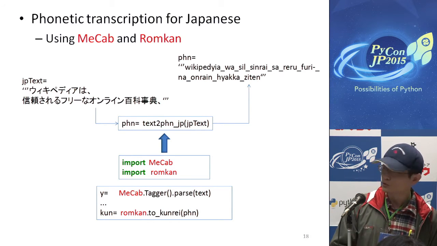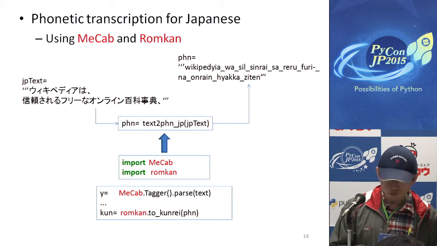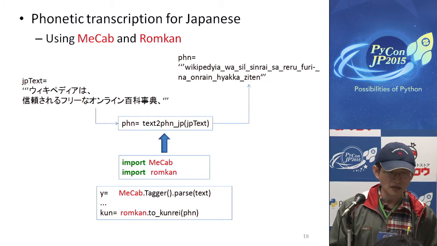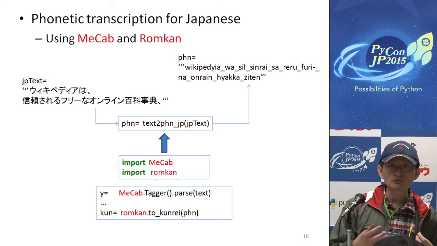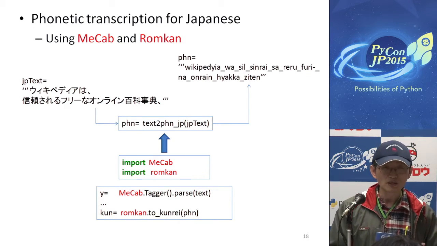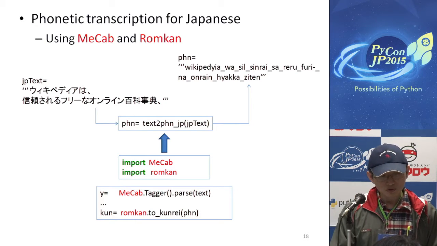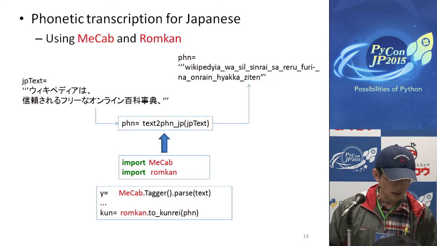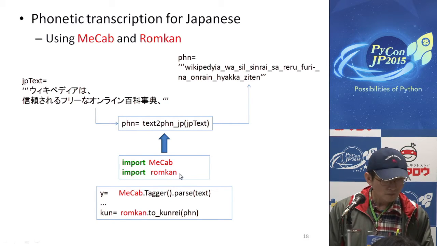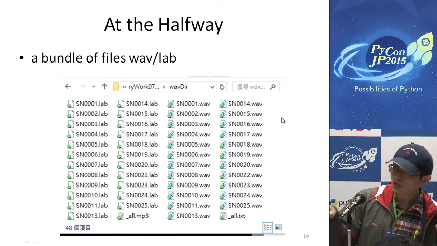One is MeCab, and the other is Romkan. Using these 2 Python modules, I can do the so-called transcription in a very easy, very straightforward way. So thanks, MeCab and Romkan. Okay, so go to here.